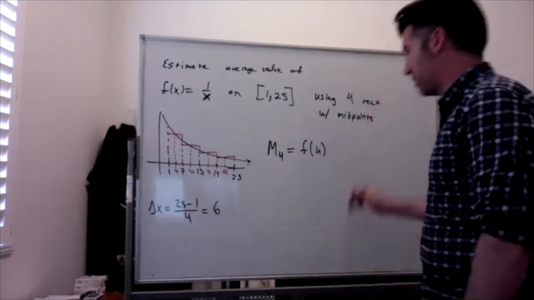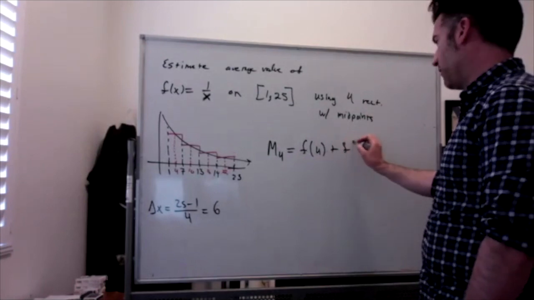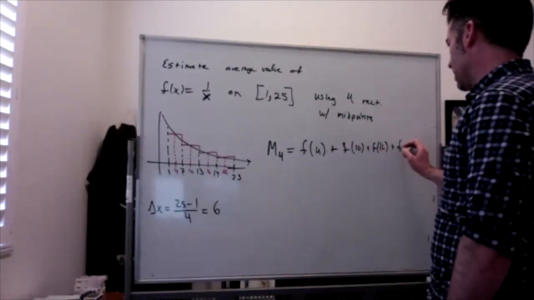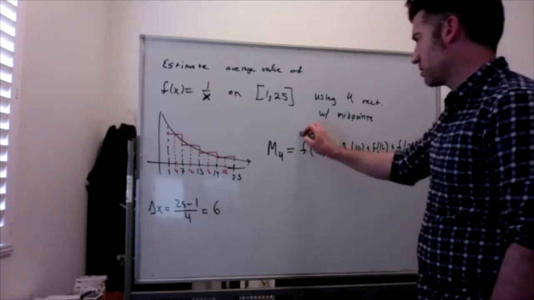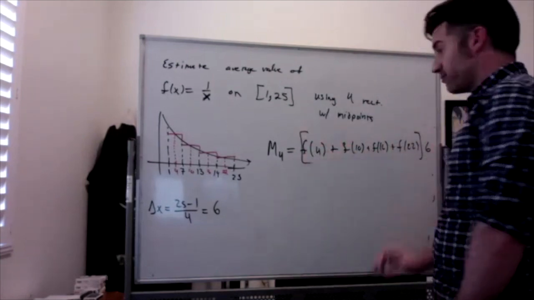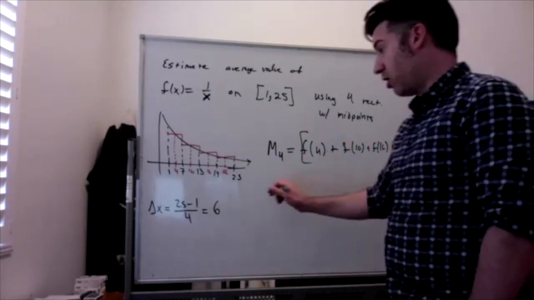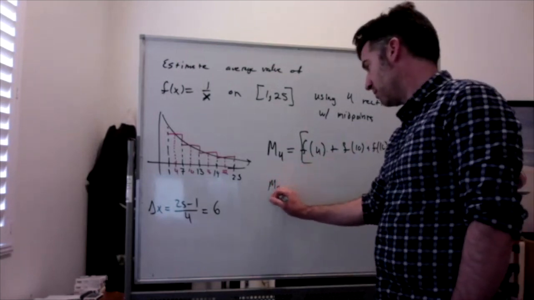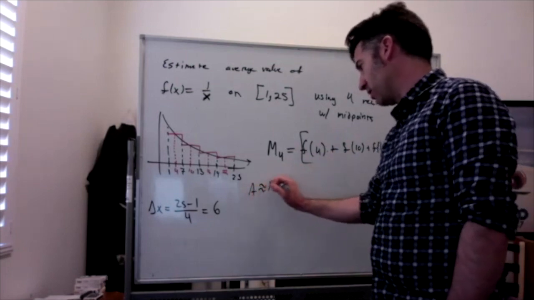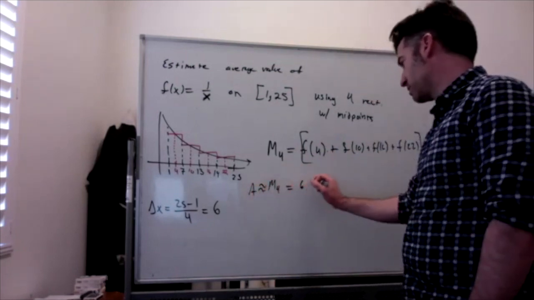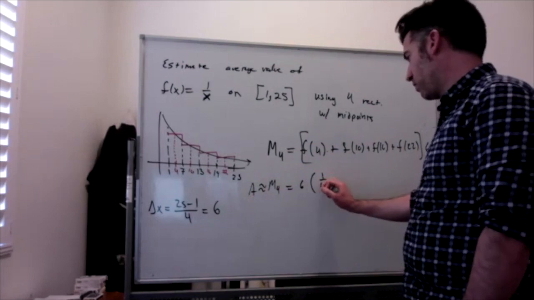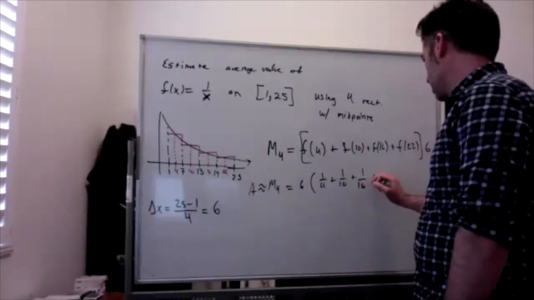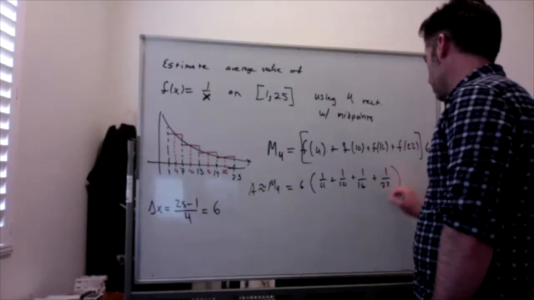So it's f of 4 times 6 plus f of 10 times 6 plus f of 16 times 6 plus f of 22 times 6. So our approximation for the area is M4. That's going to be 6 times 1/4 plus 1/10 plus 1/16 plus 1/22.